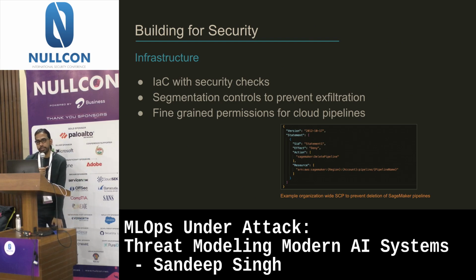Similarly, you see another service control policy example. This service control policy denies any delete pipeline, so no one could come into your environment and delete the ML pipeline that you're running, simply by defining that rule as an SCP.